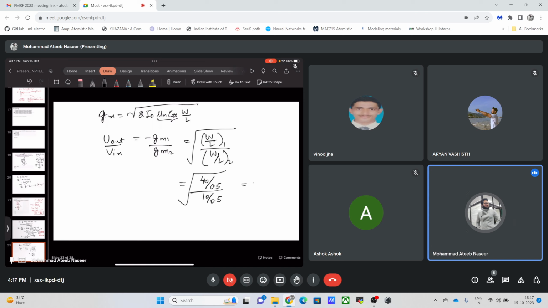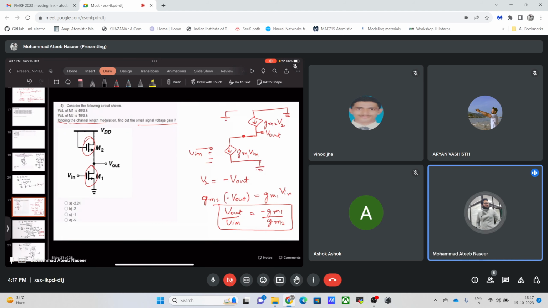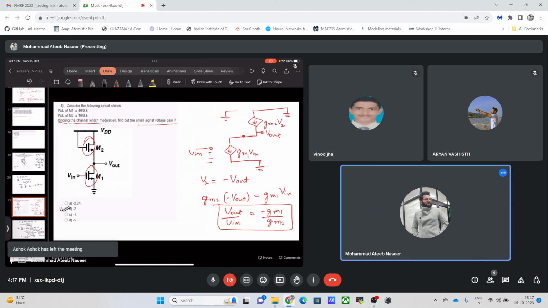That is simply the root of 4, which is equal to minus 2. So this is our V out by V in. So option B is the correct option to go with.